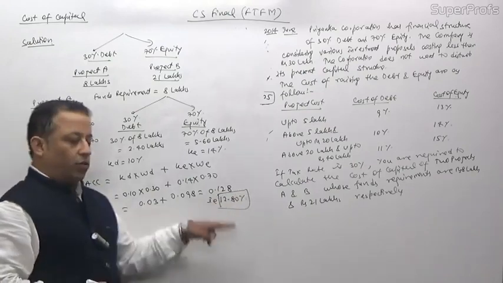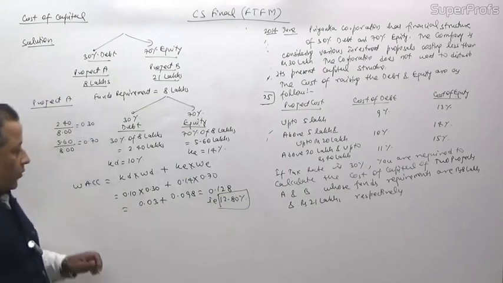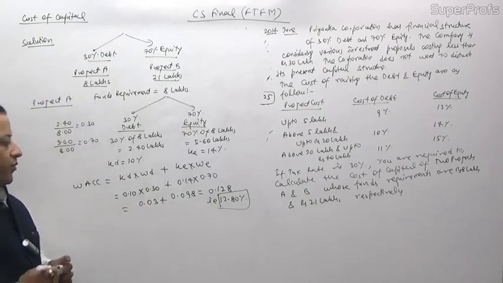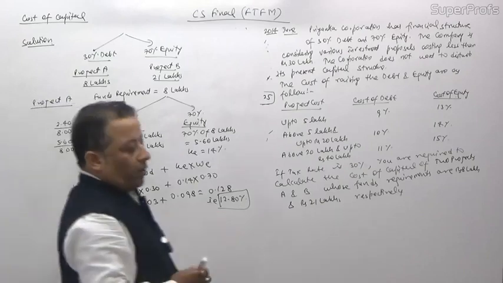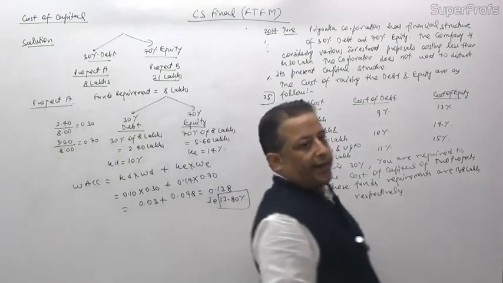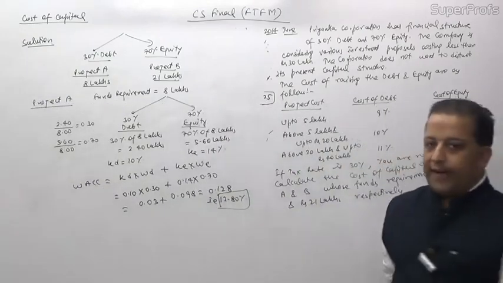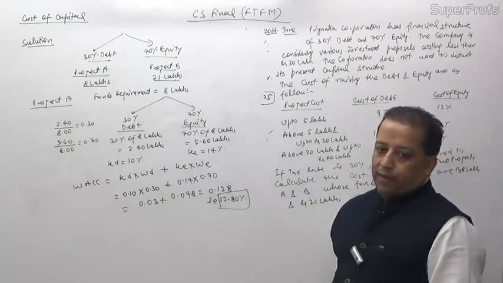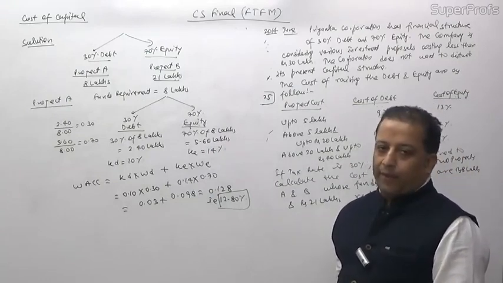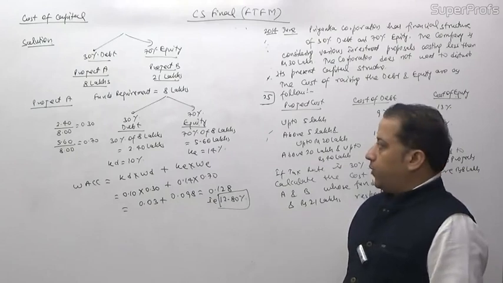So the weighted average cost of capital of project A amounts to 12.80%.